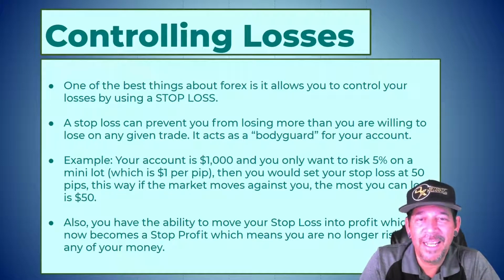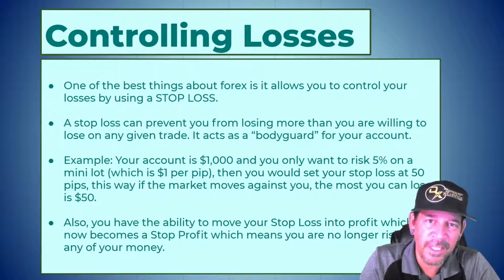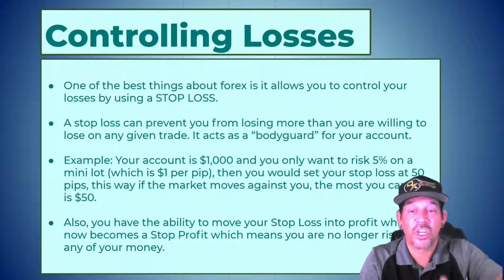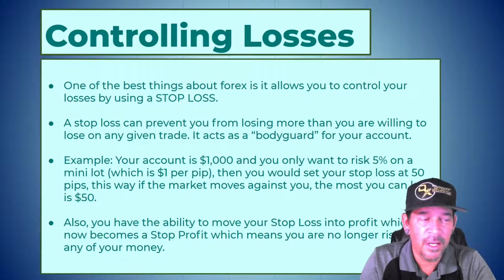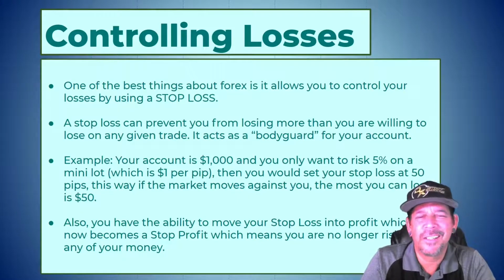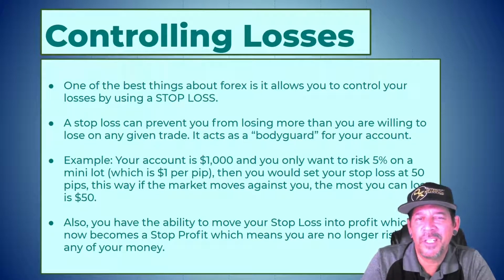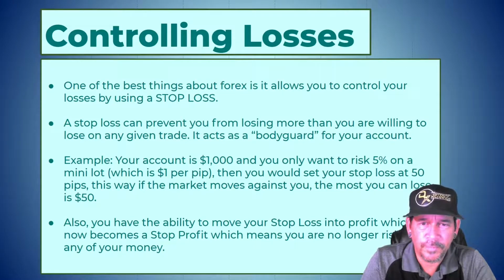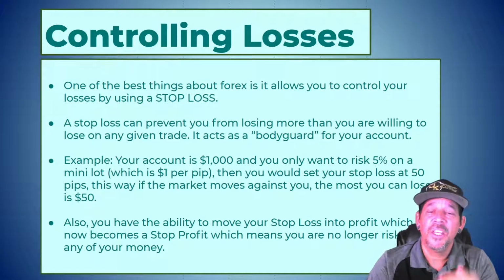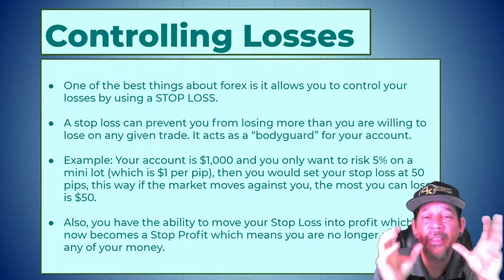You placed a buy, which means you're rooting for the home team, which means the chart went up 25 pips. But your technical analysis told you that it should go up 60, 70 pips. So you want to wait for it to at least go up to 40 or 50 pips maybe, and then get out of the market. So what you can do is take your stop loss while the trade is active.